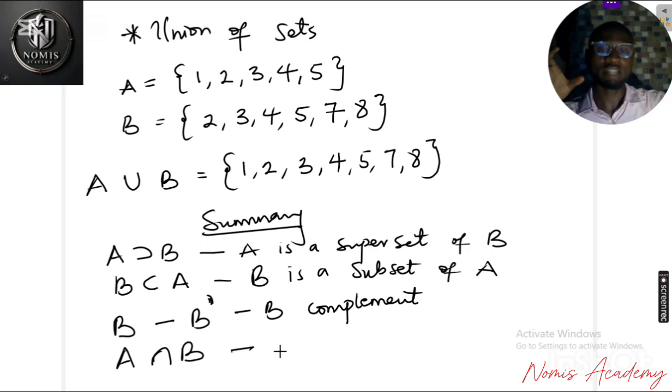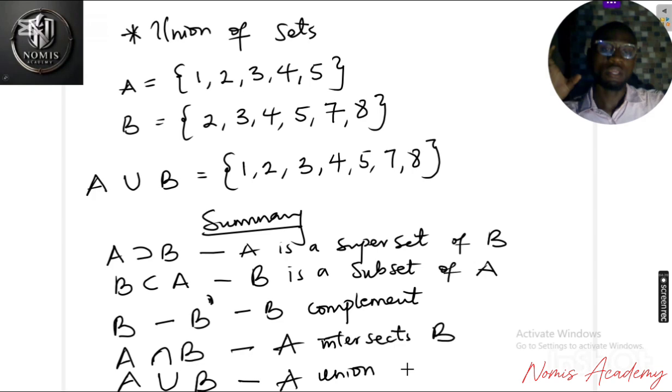So I can read this as A intersect B. Then the other symbol, that looks like U but not exactly, I can read this as A union B. A union B.